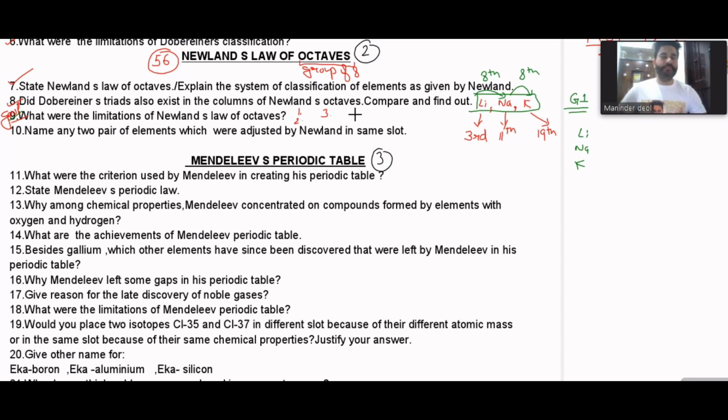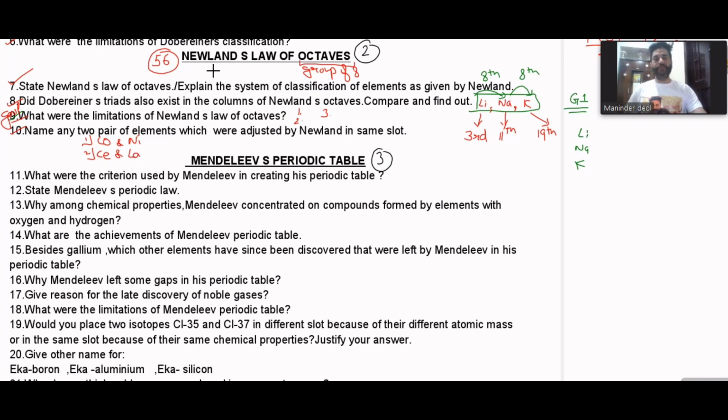Two examples, like the 10th question, where we have to find two pairs of elements which were adjusted by Newlands in the same slot: the first pair is cobalt (Co) and nickel (Ni), and the second pair is Ce and La. These are the two pairs which he adjusted, meaning his theory was not valid for higher elements.